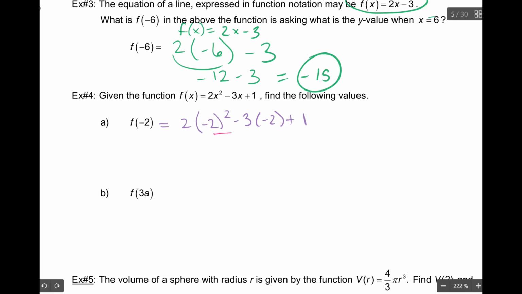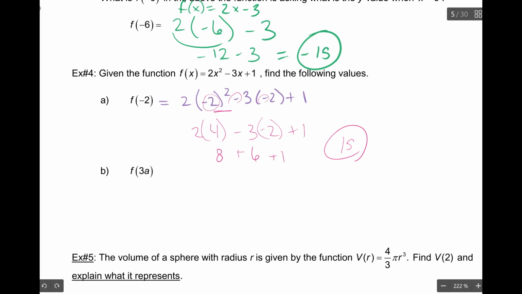So -2 squared is going to be 4. -3 times -2 is plus 6. 2 times 4 is 8. So 8 plus 6 plus 1 is going to be positive 15. Notice the negatives cancel each other out when you square it, and then this negative and this negative cancel out. Alright, now let's plug in 3a.